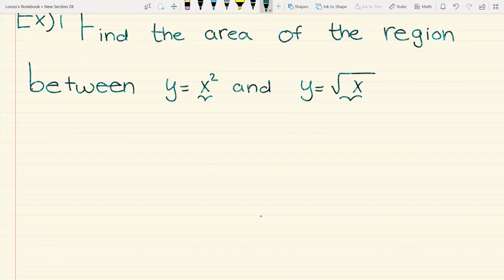So what we're going to do is find the domain, or the intersection points. What you're going to do is set the equations equal to each other. Basically, that's how you find your domain.